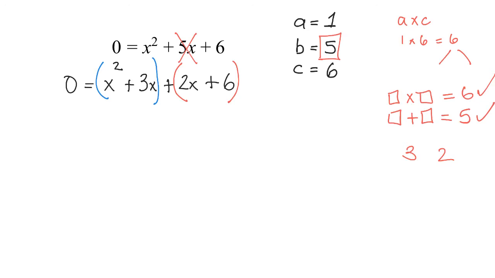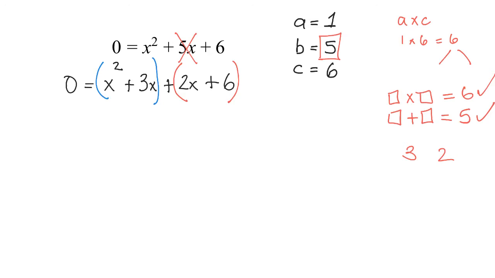The answer is yes, they both have an x in common. I know that x can go into x squared, and I know that x can go into itself. In terms of numbers, there's a 1 in front of the x squared, and there's a 3 over here. There's no common factors between 1 and 3 other than 1, and we don't really care about 1. So the only thing that they do have in common is an x.